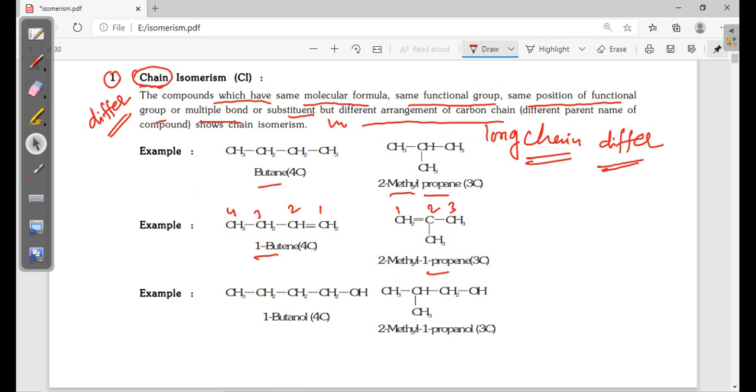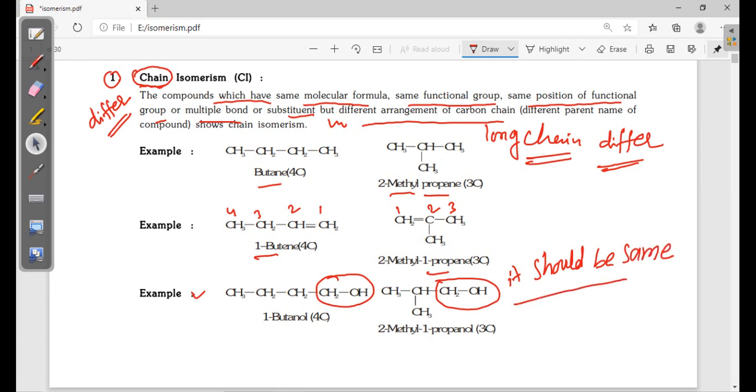You can see the third example. The functional group is CH2OH, right? Here also CH2OH. It should be the same. Functional group and position should not be changed. Then what is the change here?